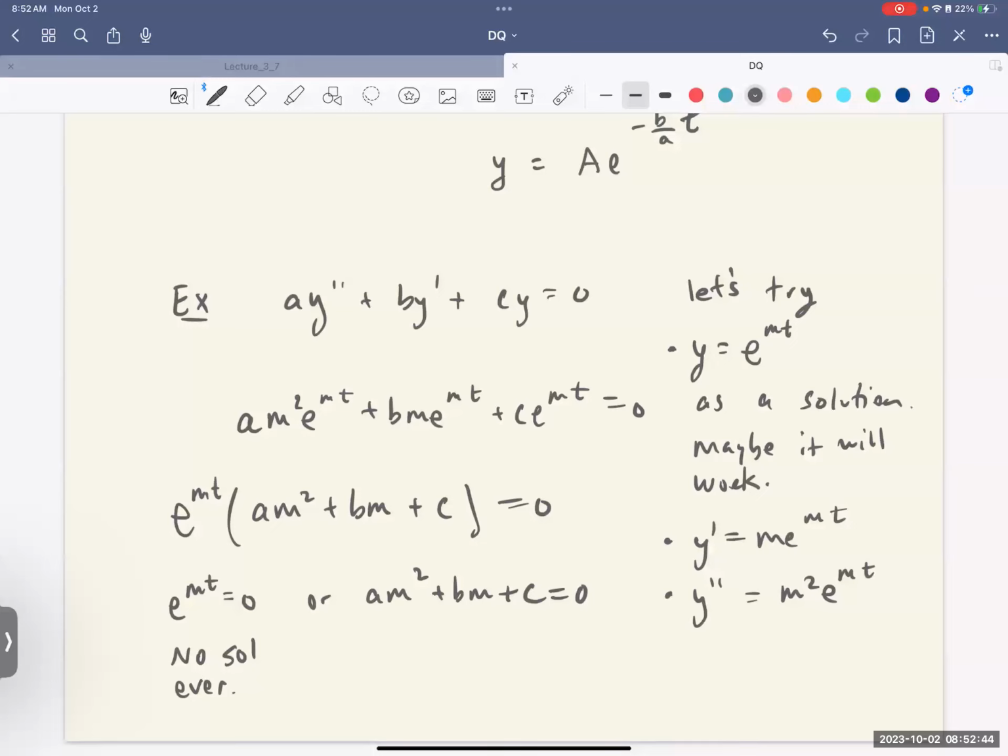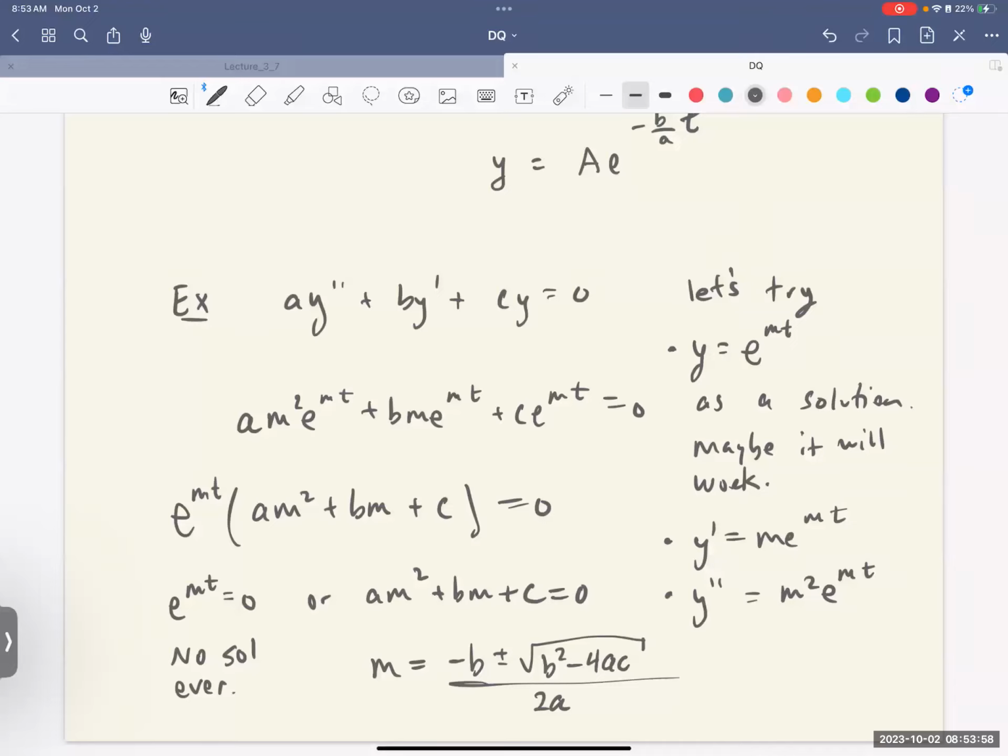So it couldn't be equal, but this other piece, we can solve that. And m will be negative b plus or minus square root b squared minus 4ac all over 2a.